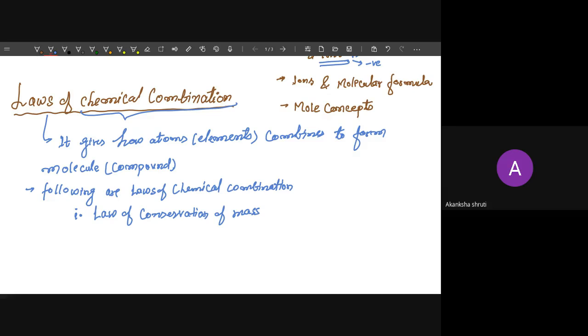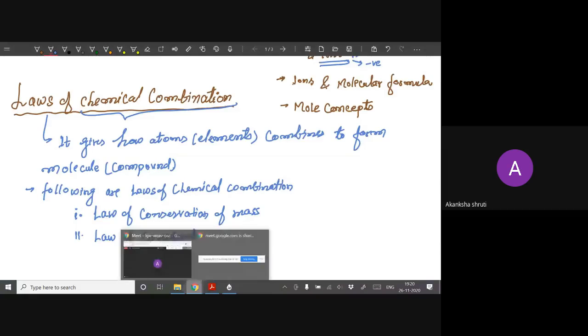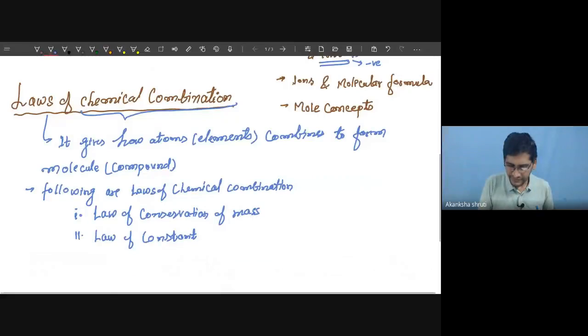The next one is the law of combination, the law of constant proportion. Write down the second one. Law of constant proportion. Constant simply means fixed, sometimes also called definite.